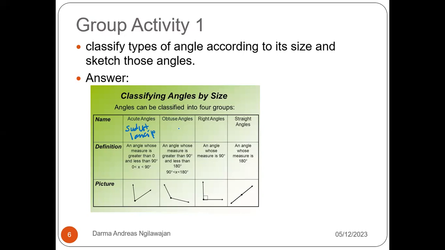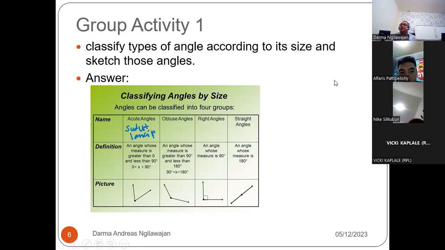According to the definition, I will point one of you to read this part, the definition of obtuse angle. So I will ask maybe Alvarez. Please read the definition of obtuse angle. The answer is already given in the third column and the second row.